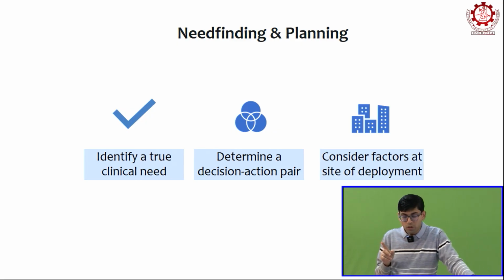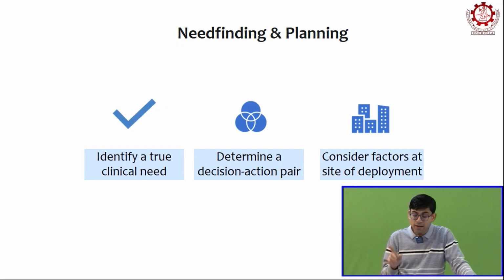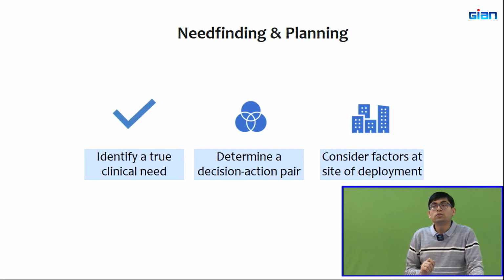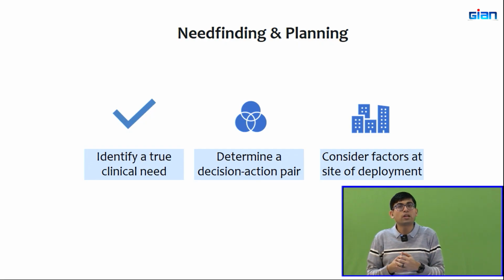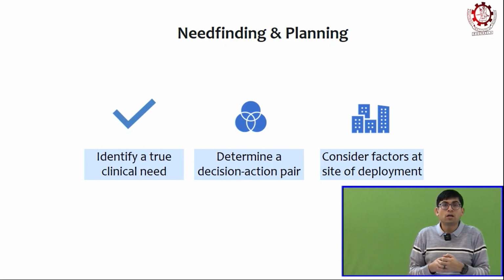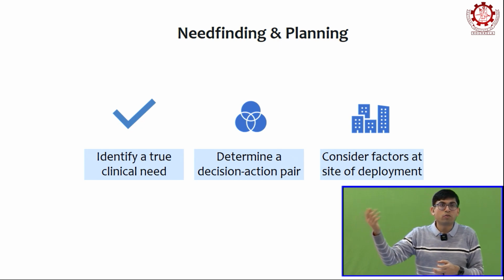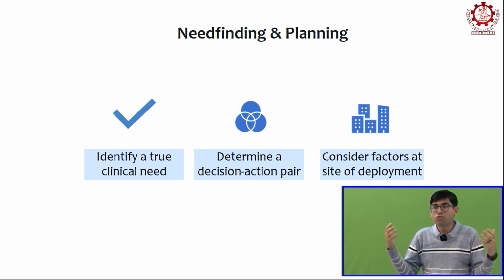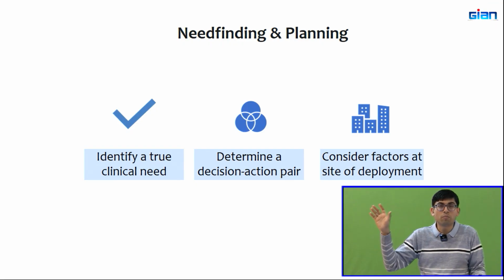Third important thing, you need to consider factors at the site of deployment, right? Nowadays a lot of these deployments are on the cloud, which means it doesn't really matter if you are at Rourkela or at Bhubaneswar. Eventually, if you use the same cloud setting, then you will have access to the same resources.